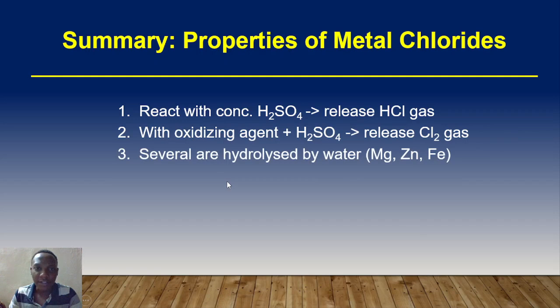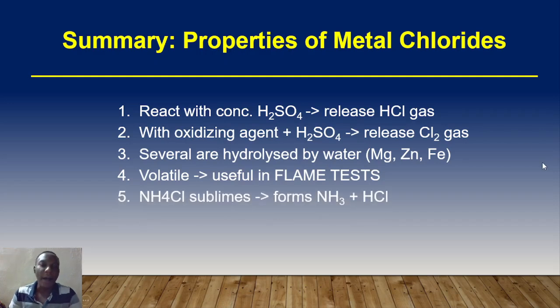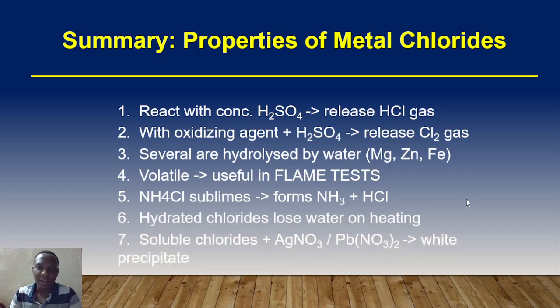Then, several metal chlorides are hydrolyzed by water. Some metal chlorides are very volatile, and in such cases they are useful in flame tests. Then, ammonium chloride sublimes to form gases. Then, hydrated chlorides lose water on heating. Then, soluble chlorides react with silver nitrate and lead nitrate to give white precipitates.